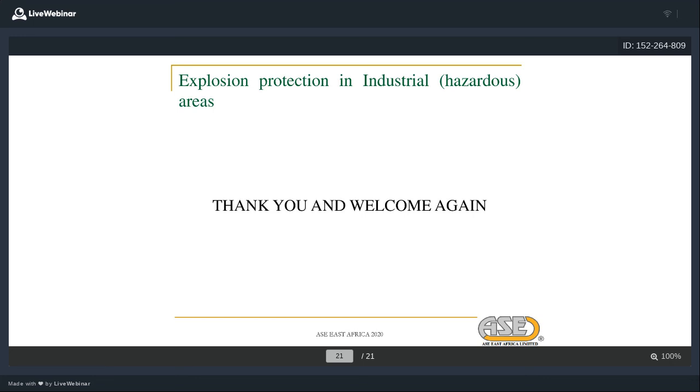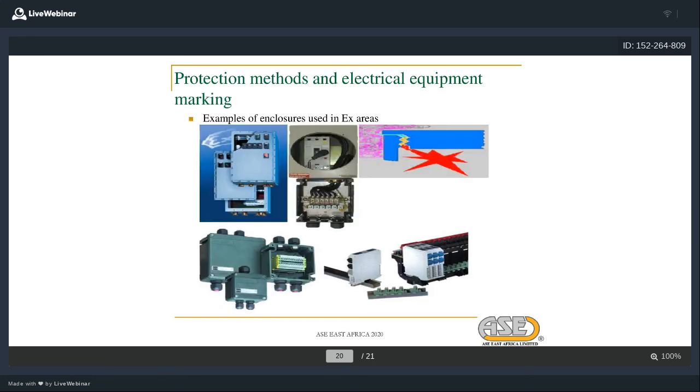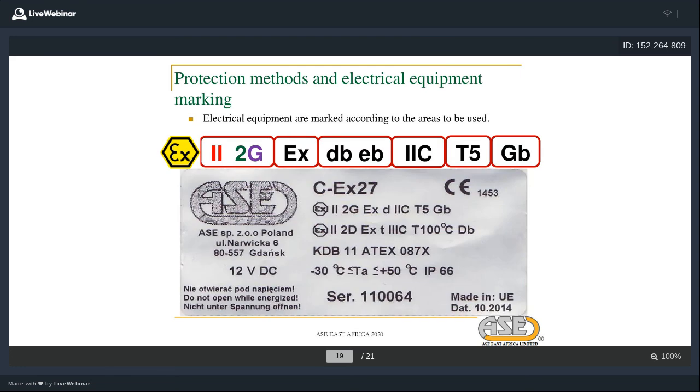If you look well, there is a place where IP66 and EX are written. EX means explosion protected, and IP is ingress protection.